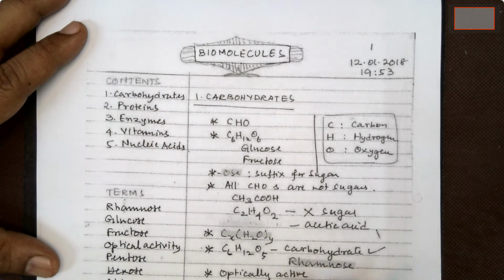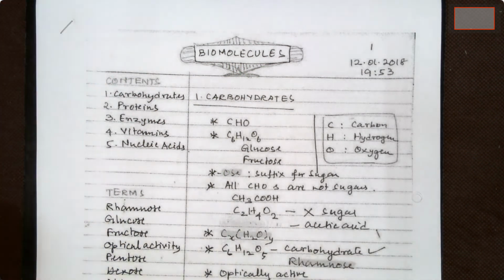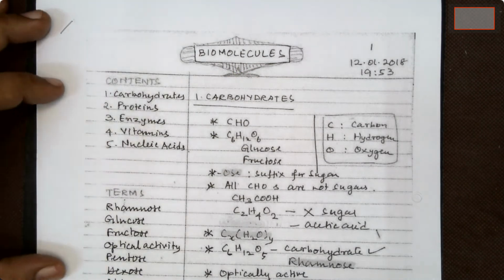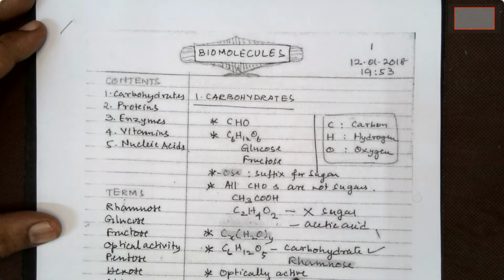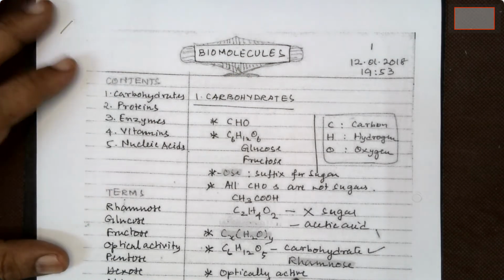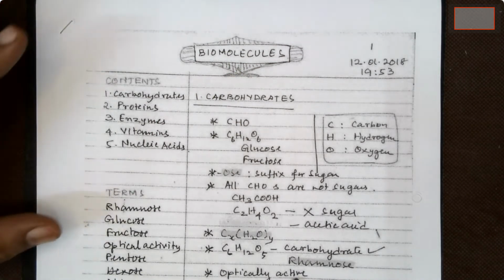Generally they are optically active because they have a chiral carbon atom. So we have polyhydroxyaldehyde. Optically active means that molecule has a chiral carbon atom, that is, an asymmetric carbon atom.